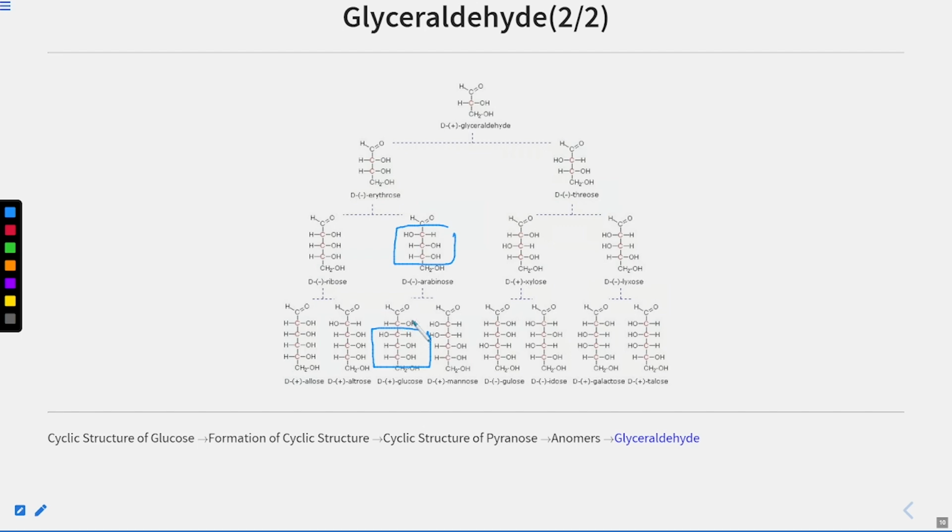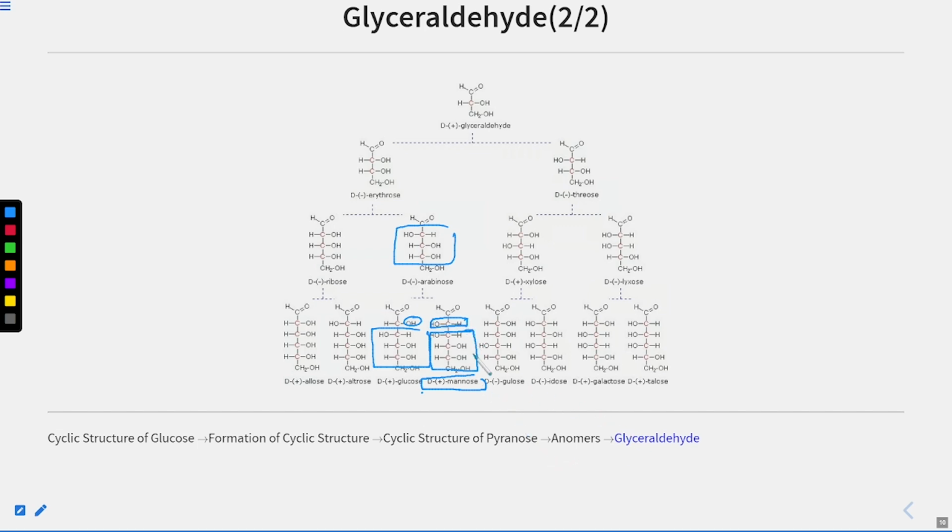Then "make": mannose comes from make. So all altruists gladly make introduces the mannose, and again this group has been retained and only this carbon position has been changed.